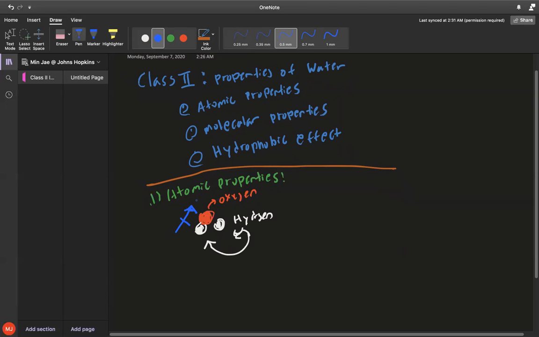So there'll be more electron density localized in the oxygen, whereas in the hydrogen there'll be less electron density. But note that since there are two hydrogens with one oxygen, we see this bipolarity going on between the two hydrogen atoms and the one oxygen atom. So you'll have this directional polarity across the one single water molecule.